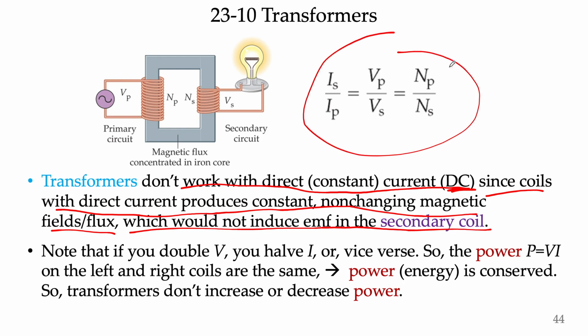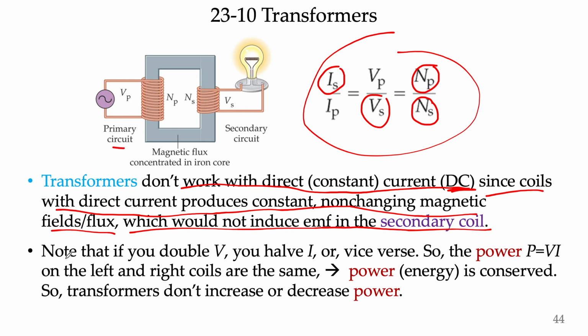Okay, so what we can change is basically the number of turns in the coils, the primary coil and the secondary coil. And by changing these, we decide what the voltage will be in the secondary coil, or what the current will be in the secondary coil with respect to the primary coil.